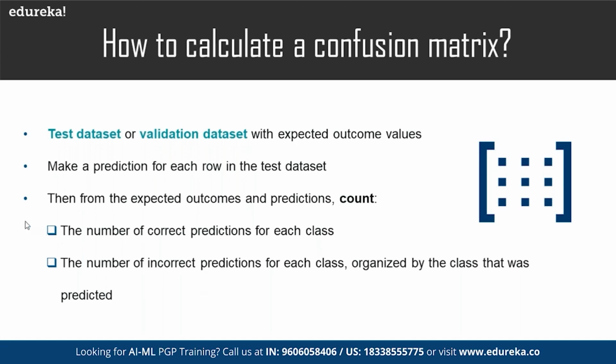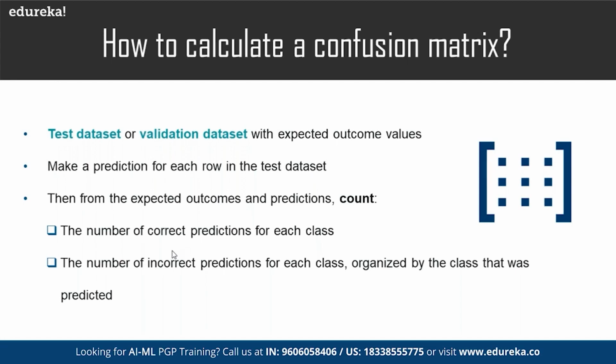We make a prediction for each row in a test data set, and again this is when we talk about tabular data sets and structured data. For the number of correct and incorrect predictions for each class, it falls under the labels.